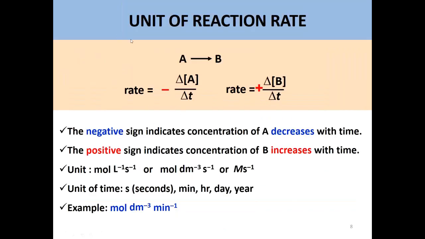Next is about the unit of reaction rate. Let's say we consider A to produce B. A is your reactant, B is your product. Normally the rate for the reactant has a negative sign, and the rate for the product is always a positive sign.